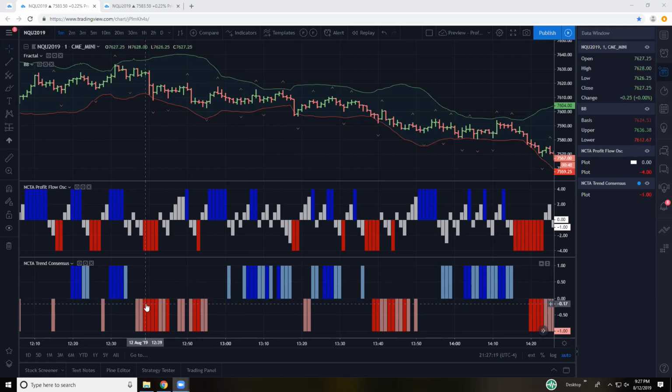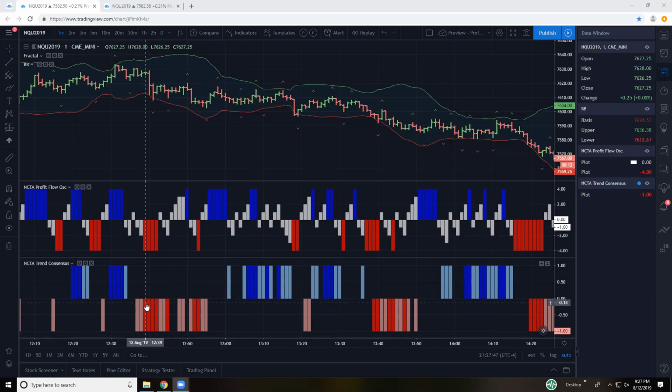If you have a dark red that follows a light red, it's the dark red bar that is your signal to go short. So it doesn't really matter how many light red or light blue bars you have in a row prior to your dark blue bar, but you want to take the trade based on the dark blue or the dark red.